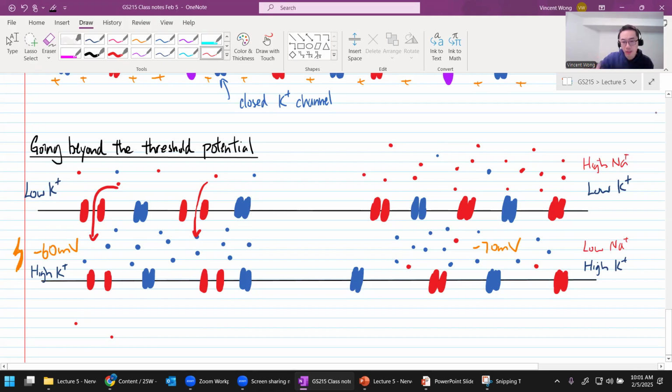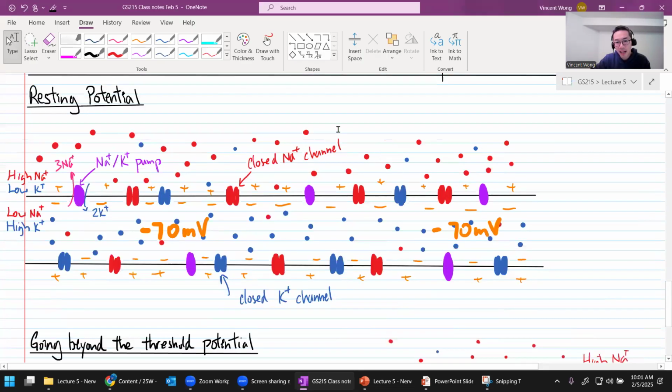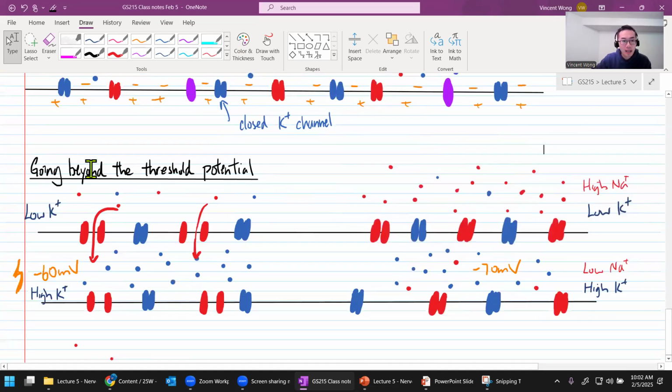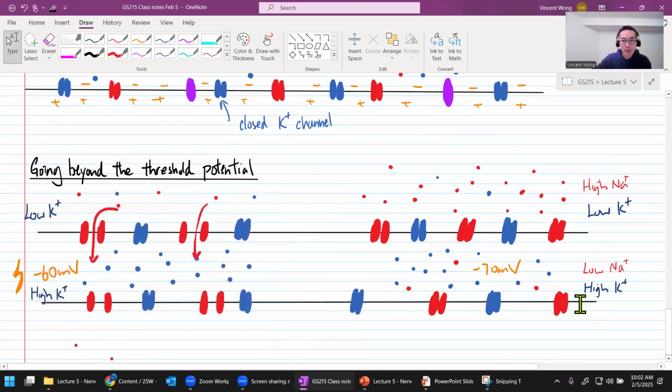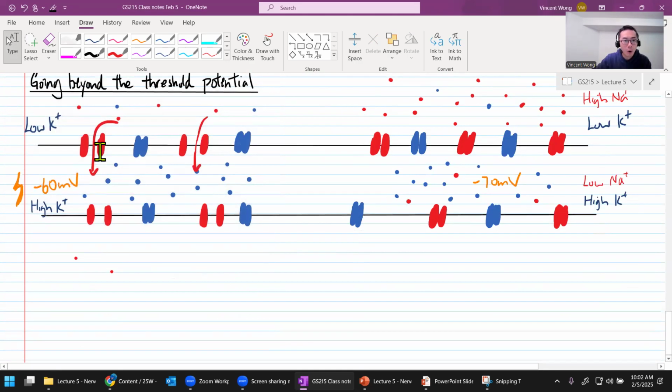Okay, just take a look at this for a moment. The right side is exactly the same as before. Nothing has changed because no doors are open. This is exactly the same. Over here, the only thing that's different from before is that the sodium channels are now open. Once you open the sodium channels, all those sodiums are going to be coming in.